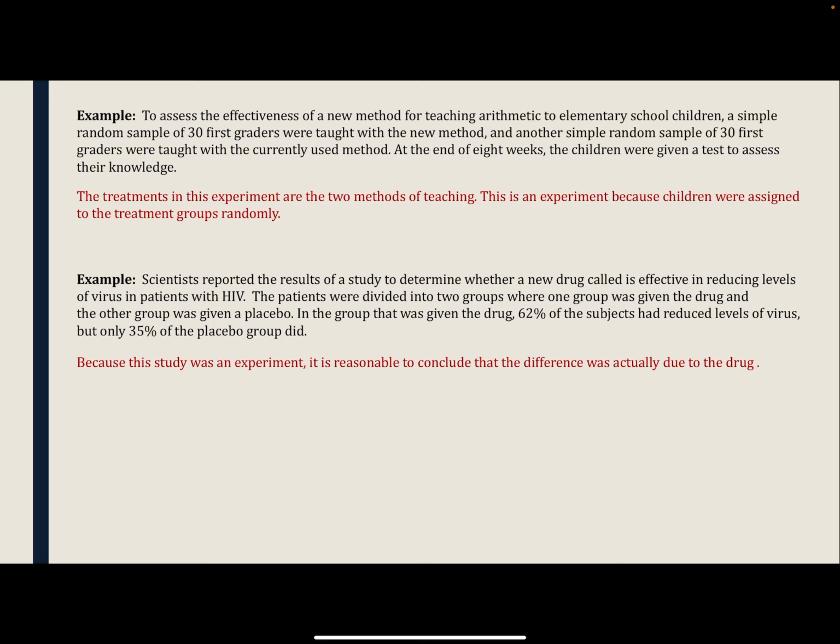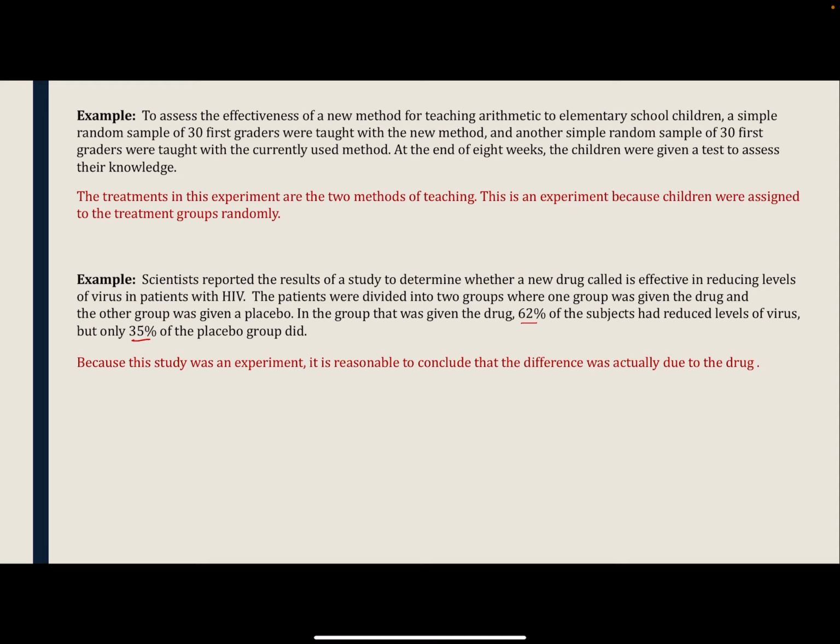In the group that was given the drug, 62% of the subjects had reduced levels of virus, but only 35% of the placebo group did. So the conclusion here is that because this study was an experiment, and because these percentages are so different, we can conclude that the difference was actually due to the drug.